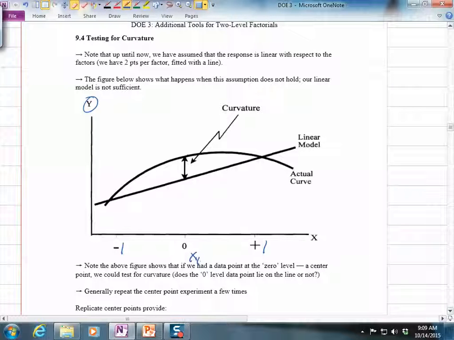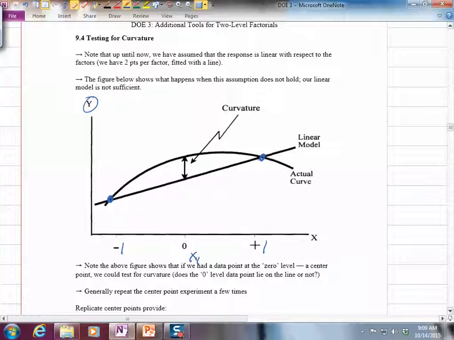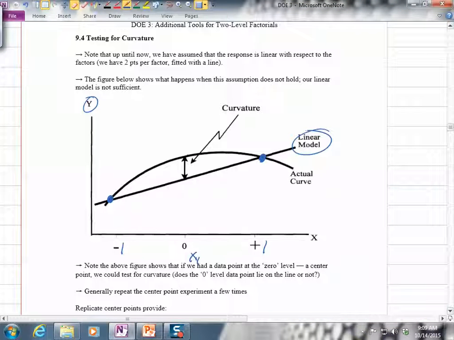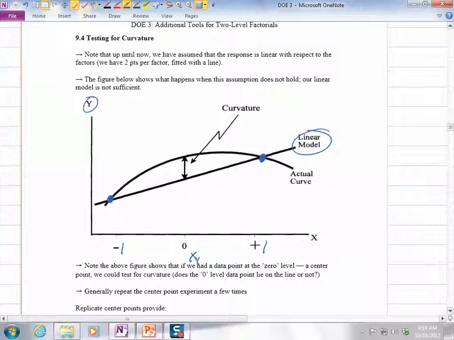If we plotted the high and low values for x1, and we made a plot versus y, we have two data points, one right there, and we've been just drawing a line through there. We've been assuming that the relationship between these two is linear. That's the most elaborate model we can fit between 2 points, is a line. And we've already had the question, well, what if it's not linear? So that's a great question. We would need to do something about that.